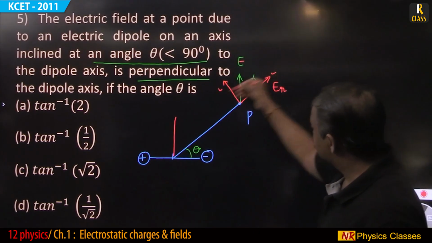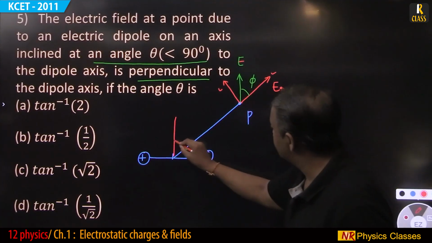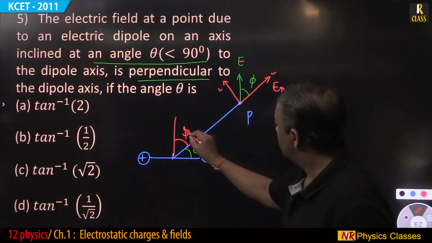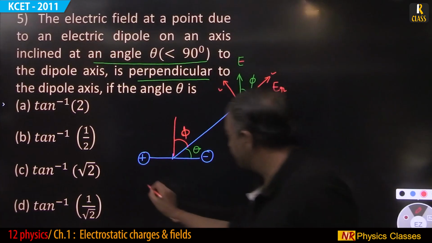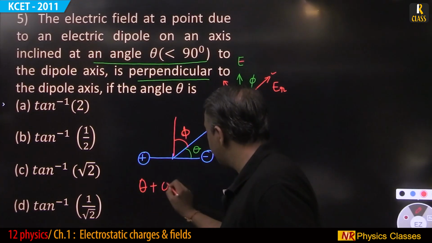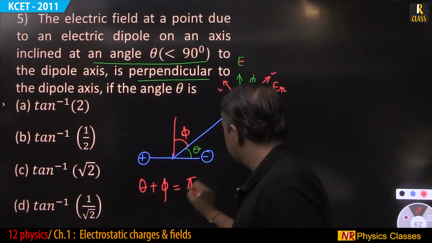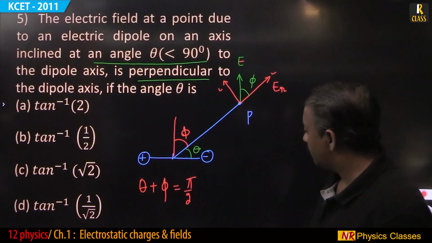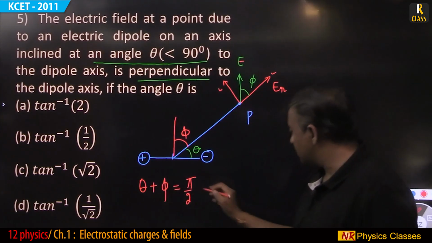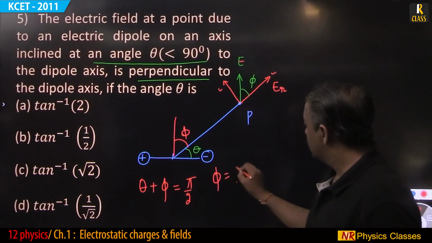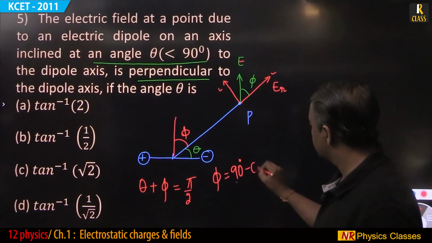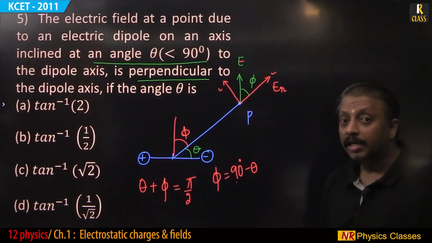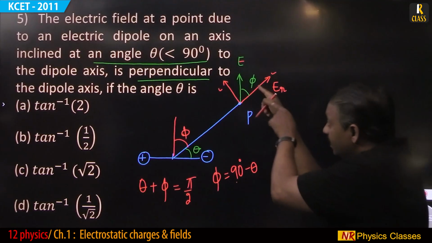Now, bring this here. If this is phi, this should be phi. Observe, theta plus phi equal to pi by 2, 90 degree. Therefore, phi is 90 minus theta. And what is the expression for tan phi?